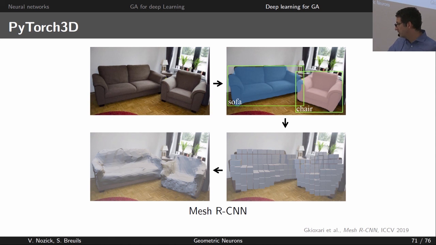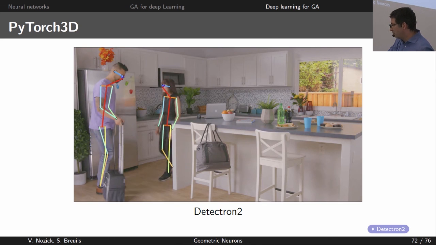If you just give some images, you can try to put a mesh. Even if it does not look incredible, it is automatic, so this is not so bad. Or you may want to automatically extract the skeleton of some people in an image. Here again, is it 2D? Is it 3D? Is it a geometric problem? It can be.